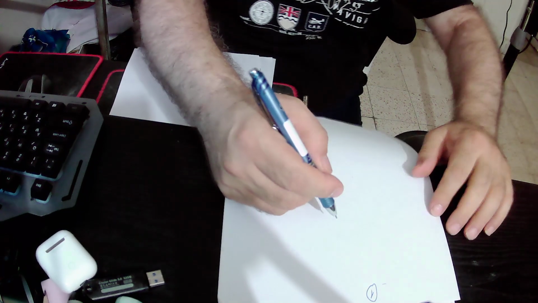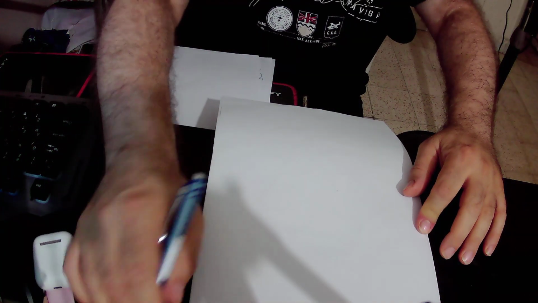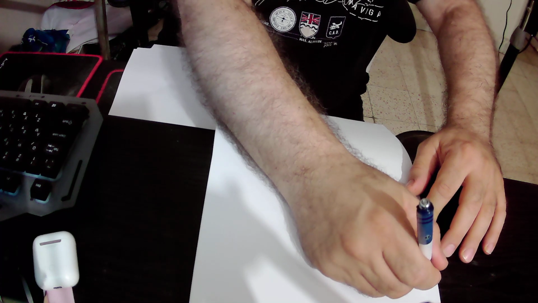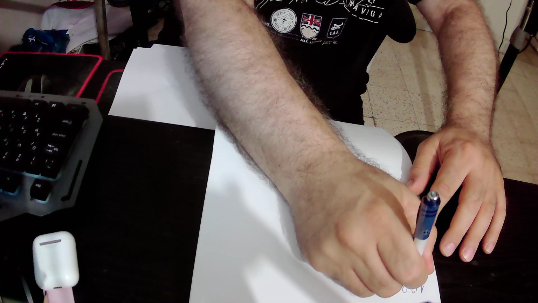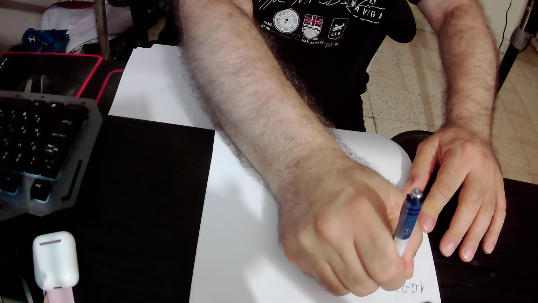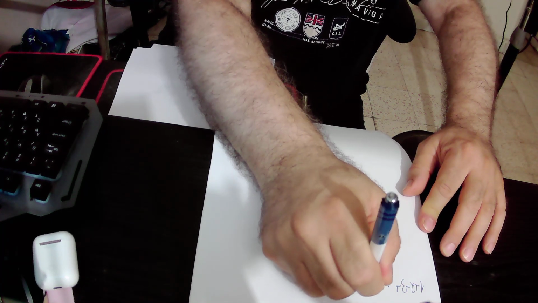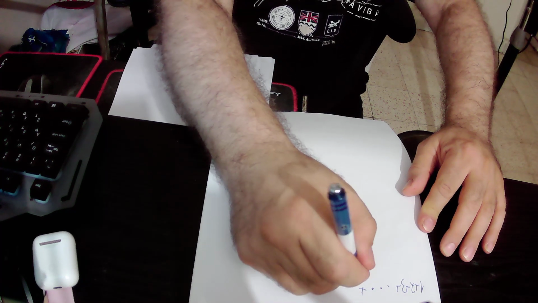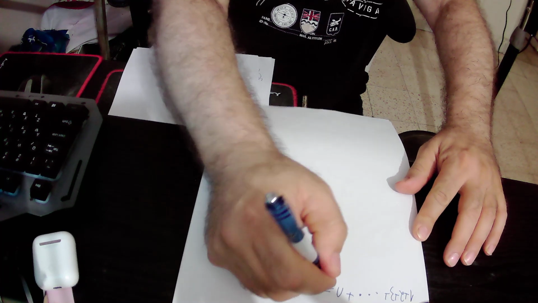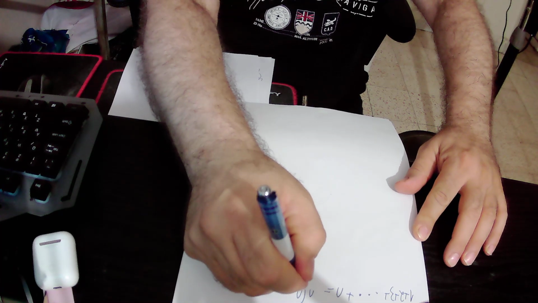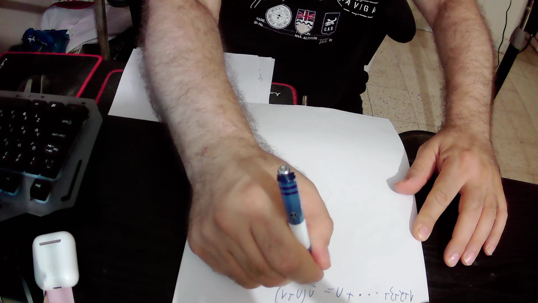It is 1 plus 2 plus 3 plus ... plus n equals n times n plus 1 divided by 2.